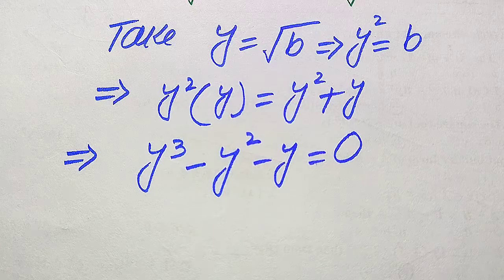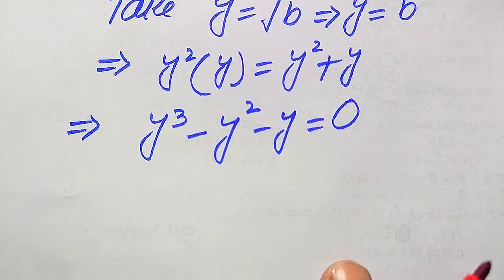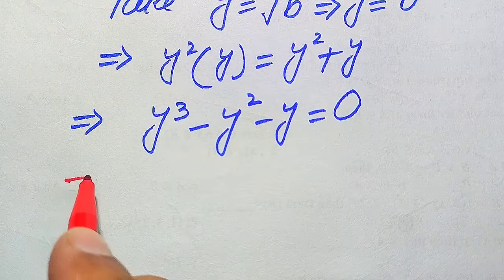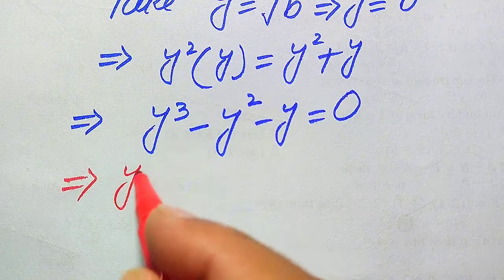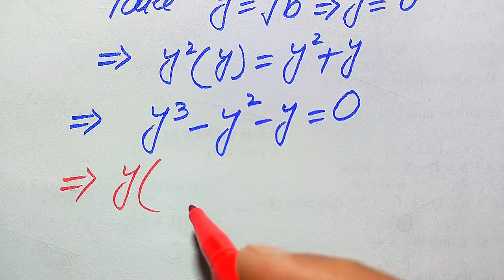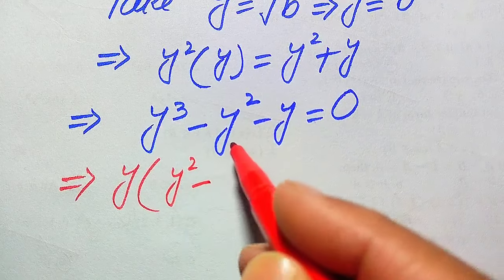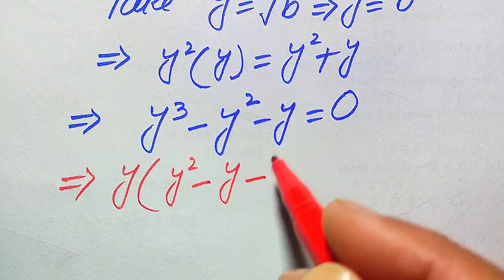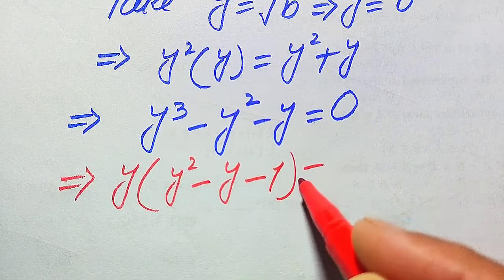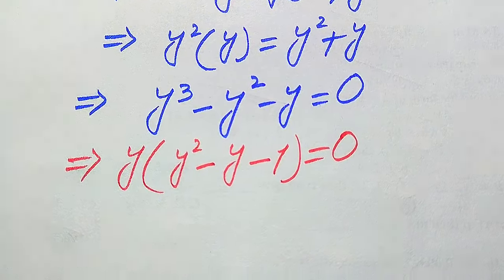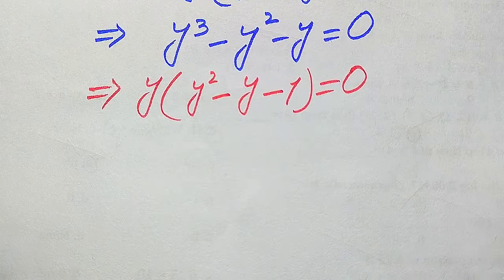In the next step we need more simplification, and you see each of these terms involves y, so y is the common term. We take y common from here and the remaining values are y squared minus y minus 1, and this whole equation equals 0.